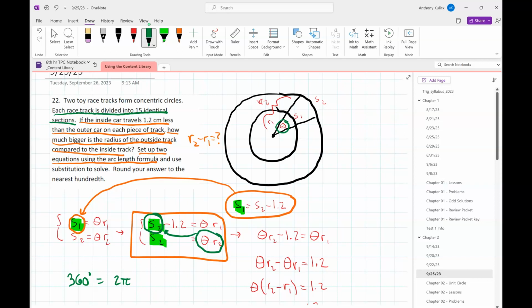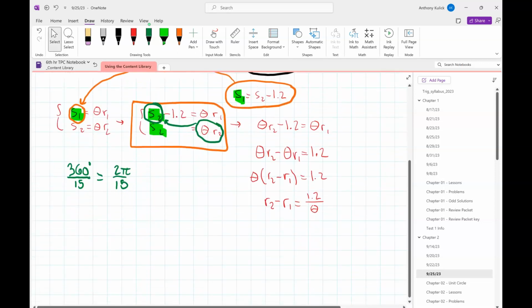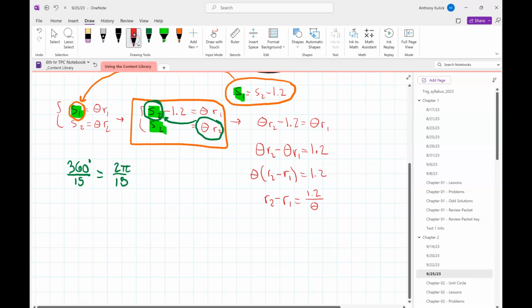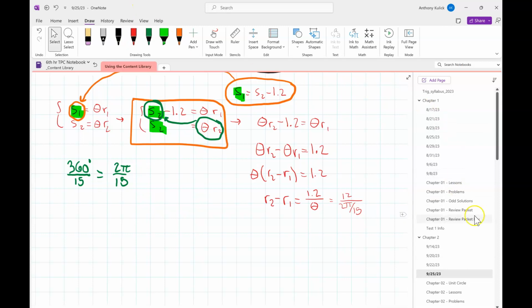And if I divide that 360 into 15 identical sections, that would be that, right? So I'm going to just take 2 pi divided by 15. And that should be my answer.